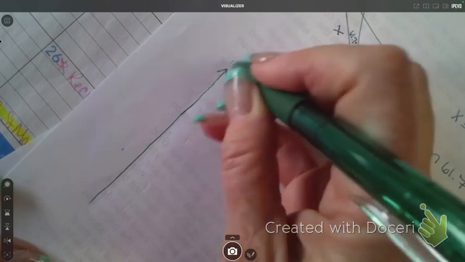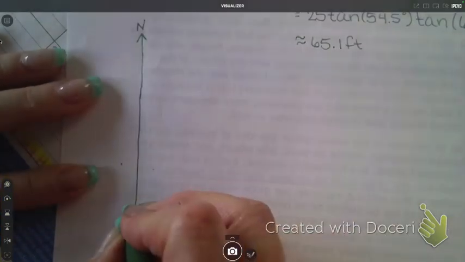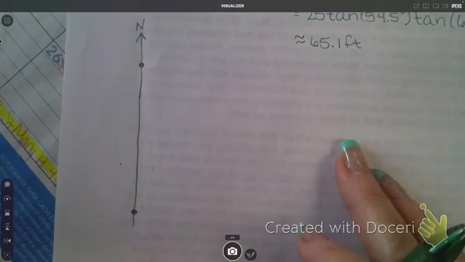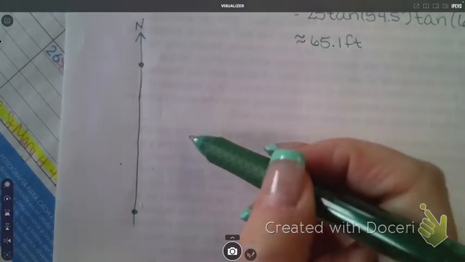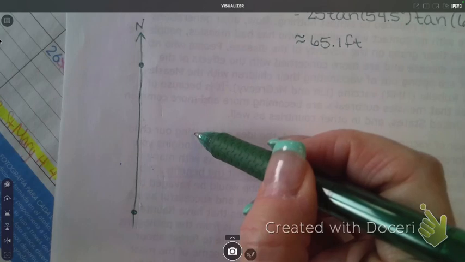Okay, so give yourself a north-south line. We're going to have station A and B, and it doesn't really matter what you name them. In the picture in the book, the helicopter is right here. What is wrong with putting it right there?